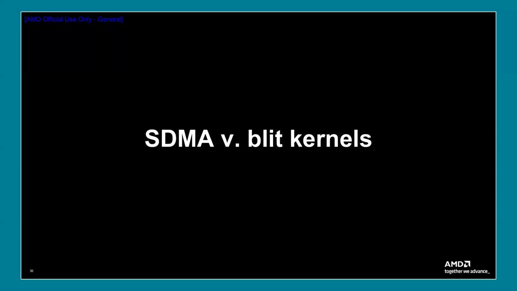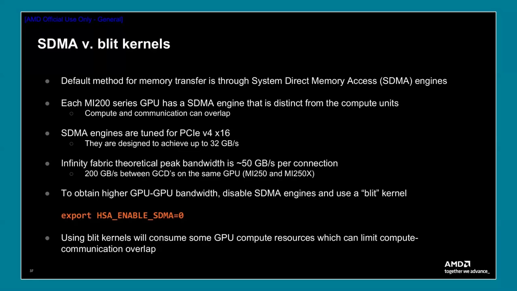But if you know your communication patterns and you know your hardware, in theory, you can calculate where you should be placing your processes. But this stuff here, the SDMA versus BLIT kernels, is something that you should definitely experiment with at first glance, just to try to squeak out an extra bit of performance, especially if you're on the Infinity Fabric systems.